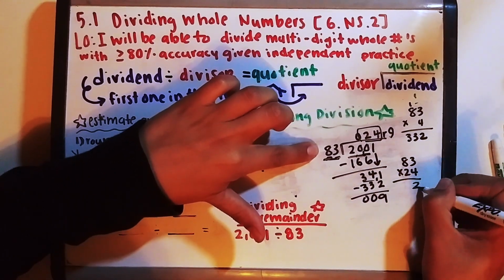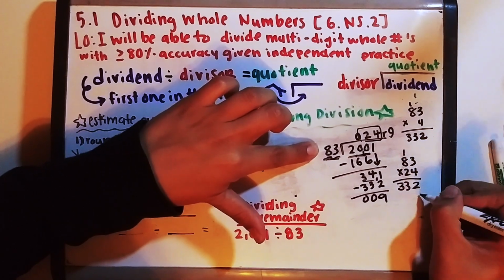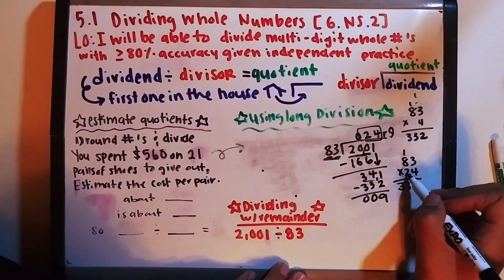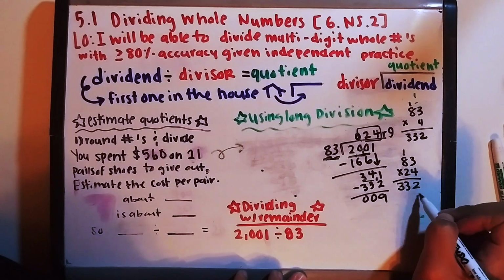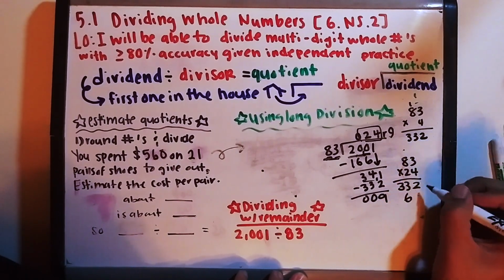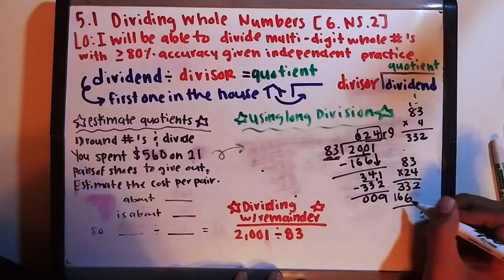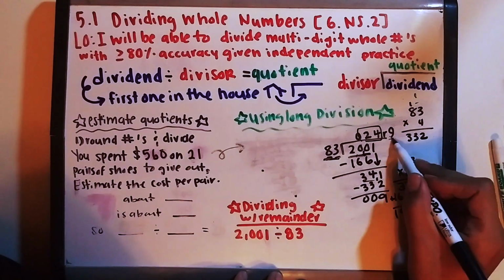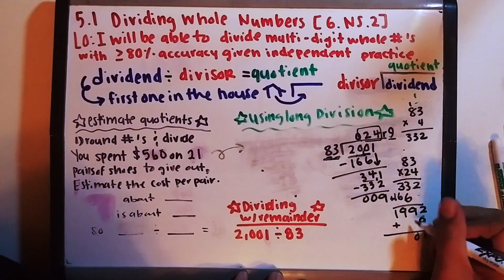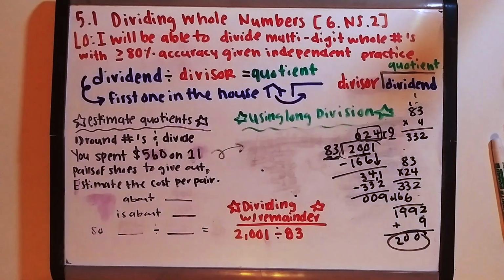So 4 times 3 is 12, carry the 1 over, 4 times 8 is 32, plus 1 is 33, and then I skip a place value, because I'm now doing my tens, not my ones, so I have nothing on the ones. 2 times 3 is 6, and then 2 times 8 is 16, so I add those two. Then I add this right here. That was a remainder. Yep, so this is equal to that, so that's how I know that I got it right.